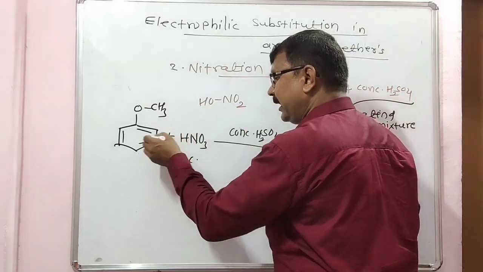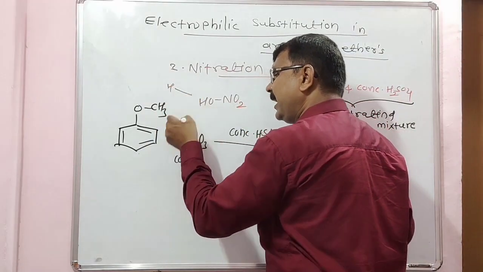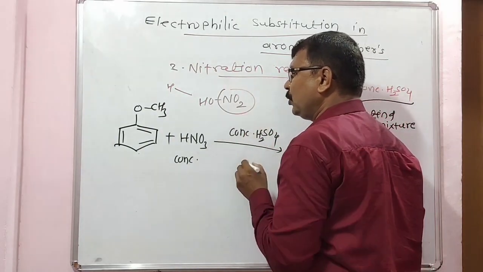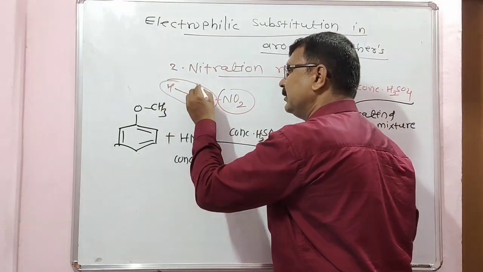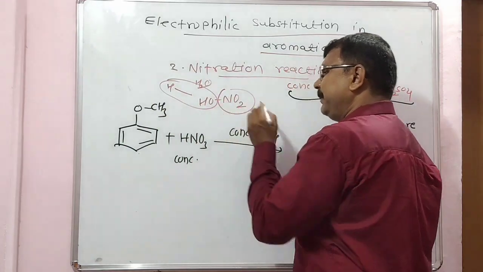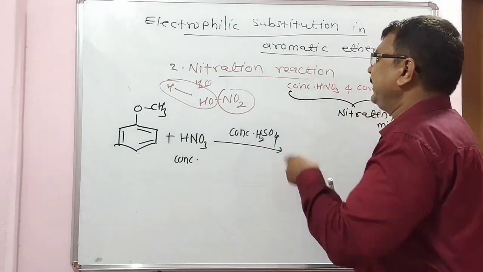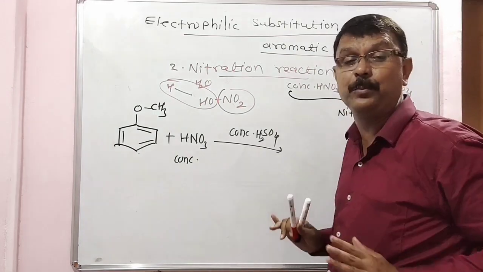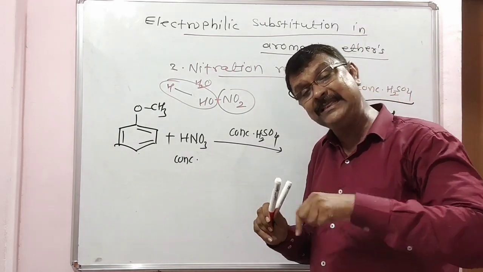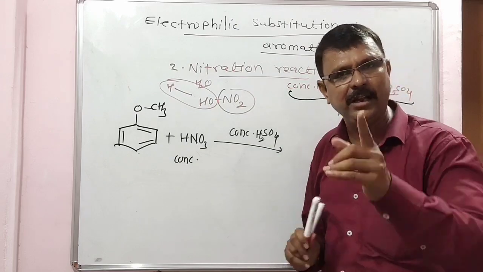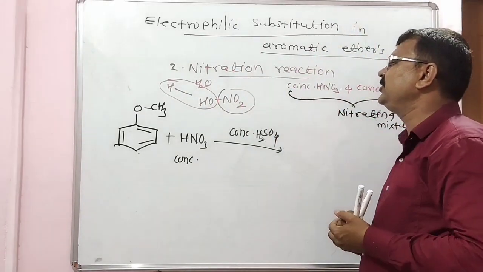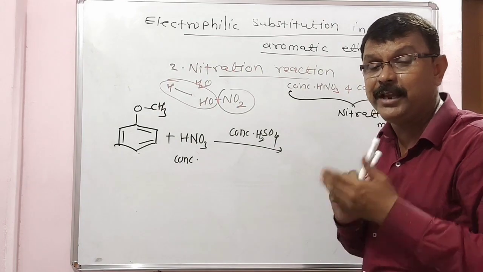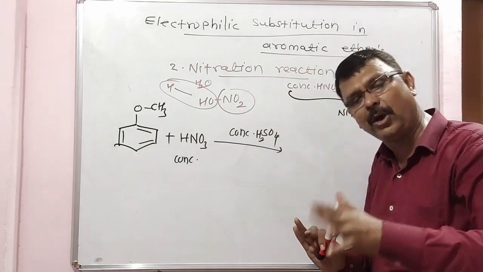A hydrogen atom of the benzene ring is replaced by an NO2 group, removing water, H2O, with the remaining part being NO2. What is my nitration reaction? A nitro group, NO2 group, is introduced in the benzene ring of an aromatic ether. This reaction is called nitration of ether. Which group is introduced here? A nitro group, NO2 group.